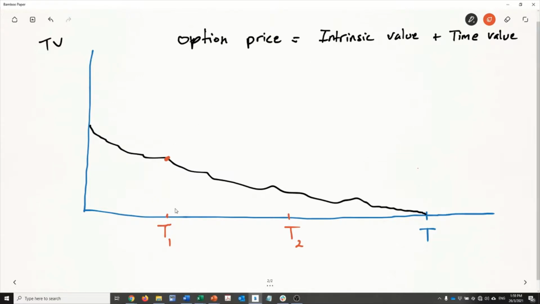If I exit at time t1, I'm going to buy the call, which means I'm going to pay for the premium, which means I'm going to pay more for the time value. At time t2, I'm going to pay less for the time value, but still it's not zero. If I wait until the option's expiration, I will not pay anything for the time value. If there is payment, it will be only for the intrinsic value.